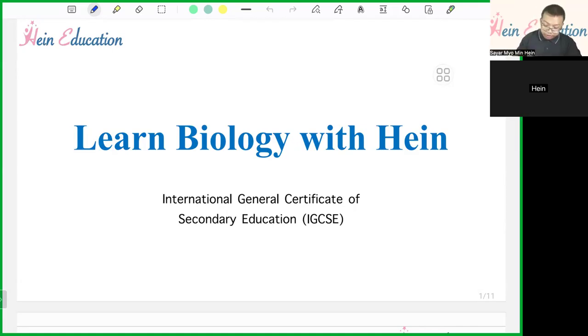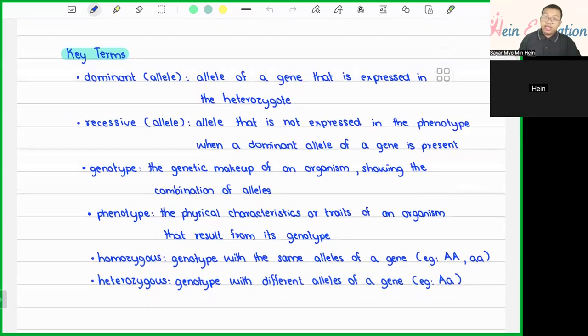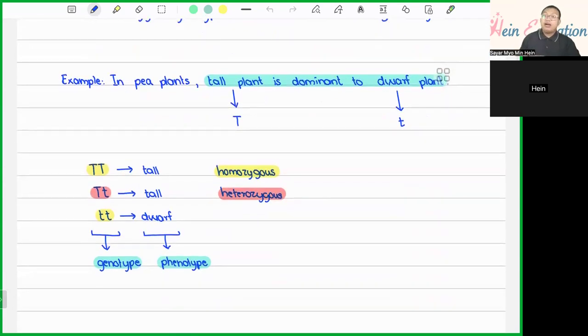From the previous video, part one, we covered the key definitions, including dominant, recessive, genotype, phenotype, homozygous, and heterozygous. Then we slowly proceeded towards working examples to identify which are dominant, recessive, homo, hetero, geno, and pheno.